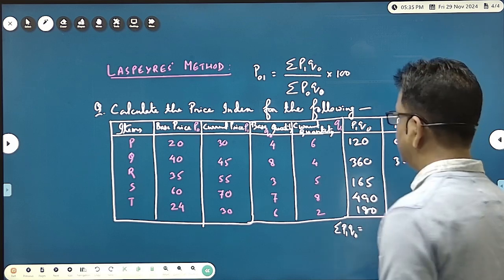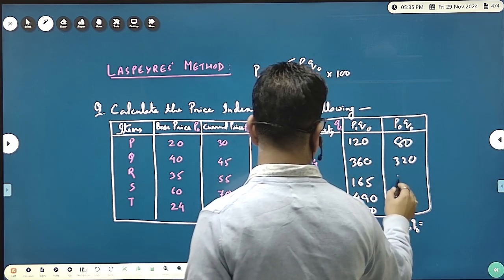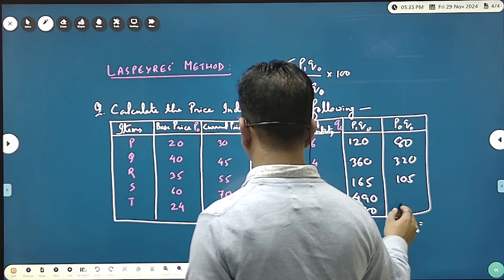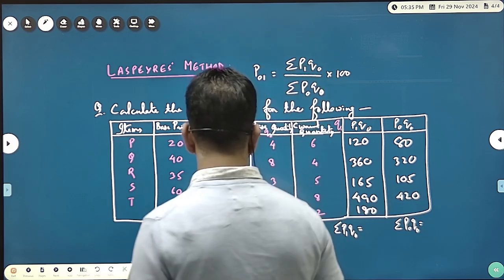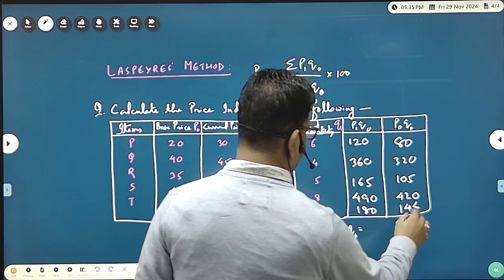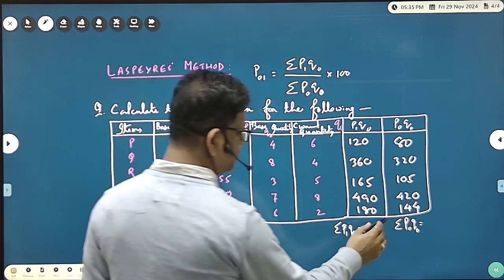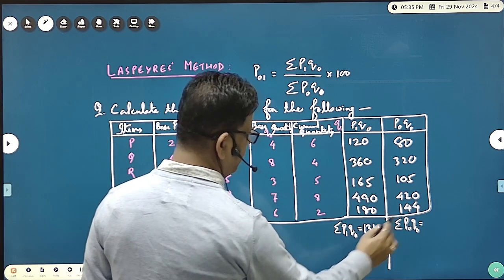Am I correct? So 35 is how much? 105. Yes. Then 60 into 7, 420. And finally 24 into 6, 144. And then, as I told you, you just have to add these numbers. You got it? This one is 1315 here.